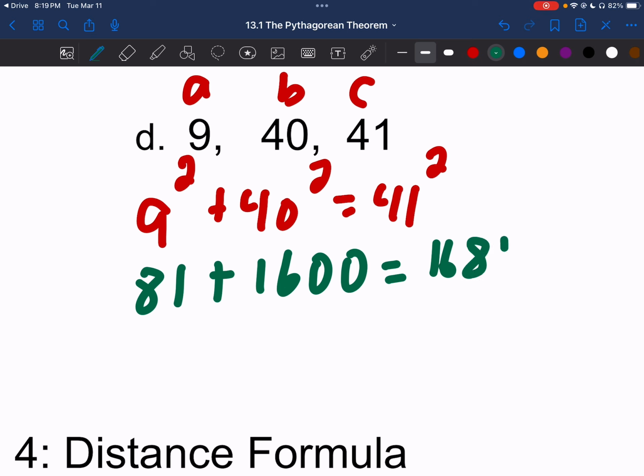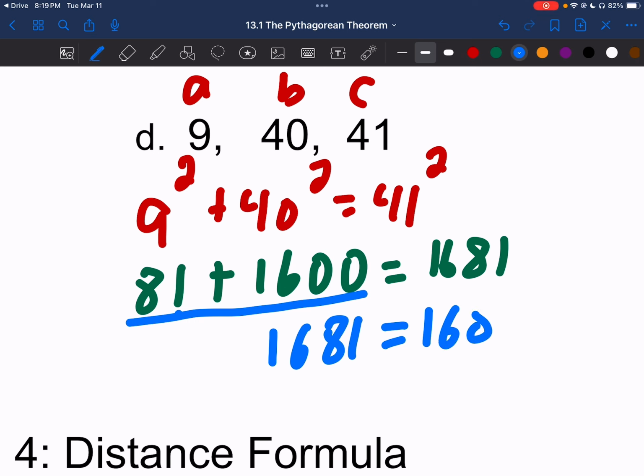And it's pretty obvious already, but you can see this 1600 plus 81 is 1681, which is equal to 1681. So this is a right triangle.